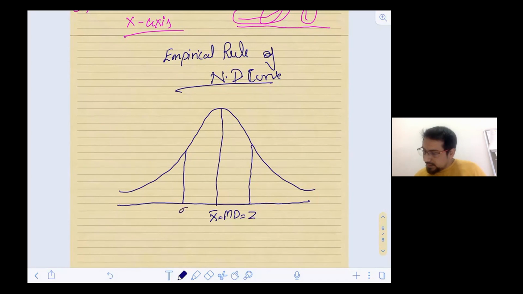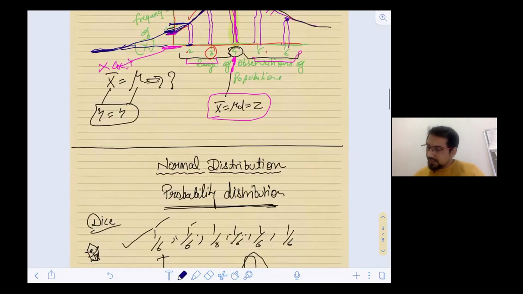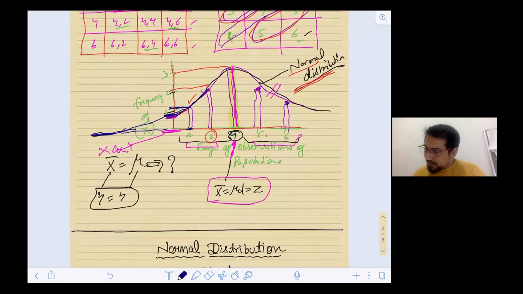So here SD minus 1, here SD plus 2. Let me remove it, otherwise you will be confused. I'm just writing mean. So here SD is not 2, it is SD 1. How is it minus 1 and plus 1? You can see from this example that here it was 4, and then 3.